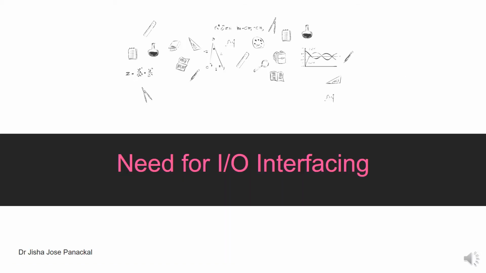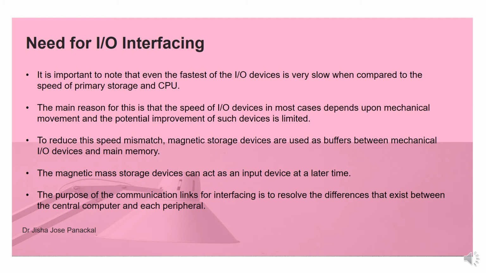Now we will see what the need for IO interfacing is. Let's see the reasons for using IO interfacing. It is important to note that even the fastest IO device is very slow compared to the speed of primary storage and CPU. That is, the CPU and primary memory are faster than the IO device. The main reason is that the speed of IO devices in most cases depends upon mechanical movement, and the potential improvement of such devices is limited.